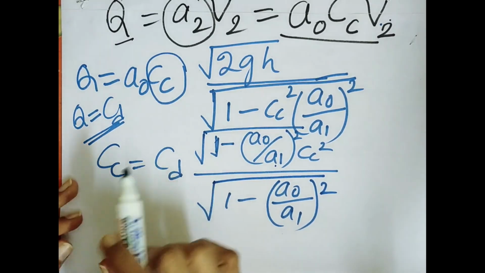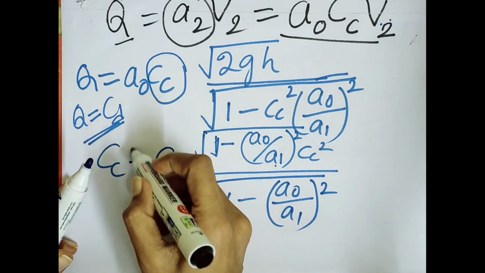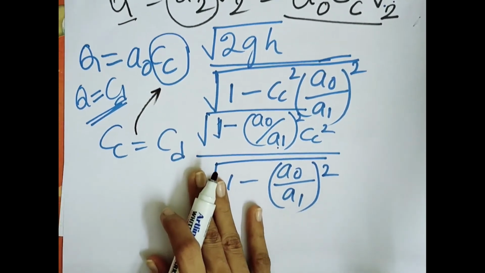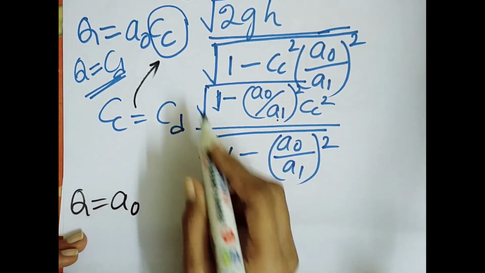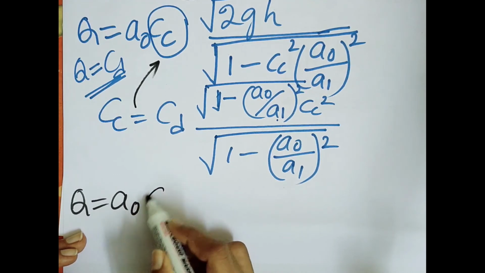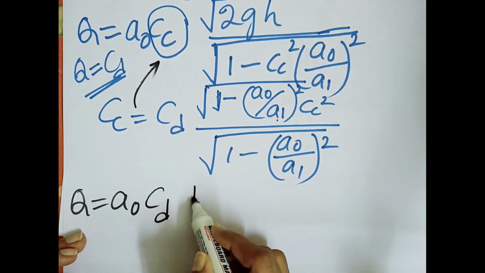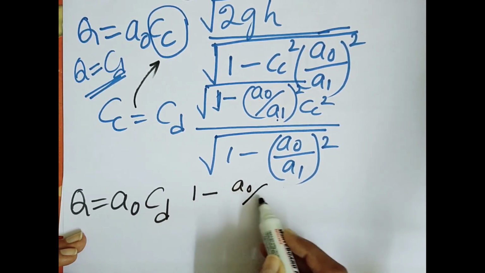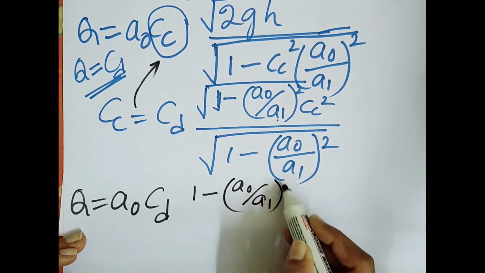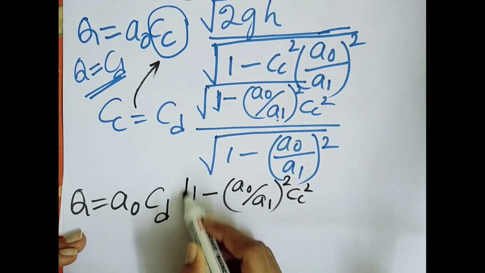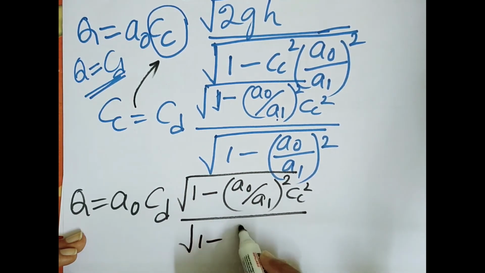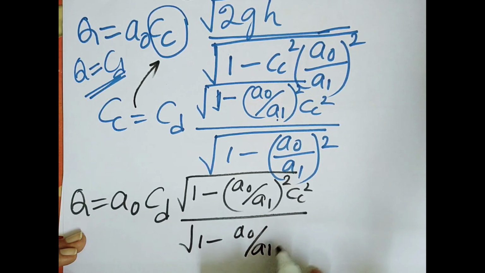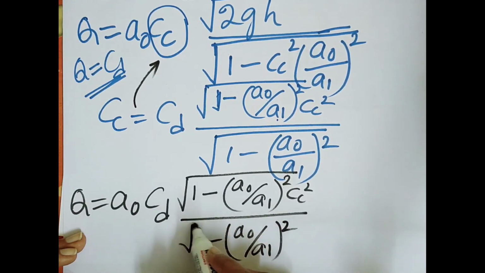Now you substitute this Cc in the discharge equation. You will get Q is equal to A0 into Cc, which is Cd into square root of 1 minus A0 by A1 whole square into Cc square, divided by square root of 1 minus A0 by A1 whole square.